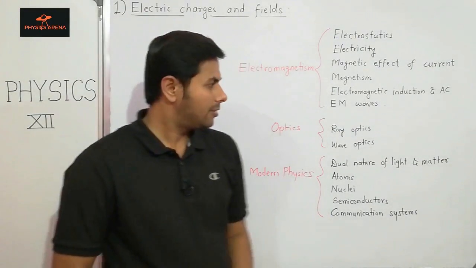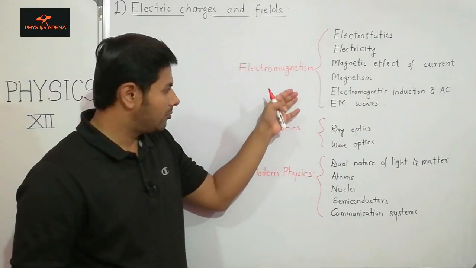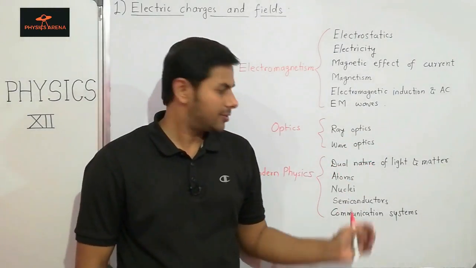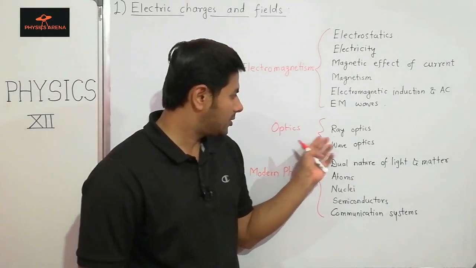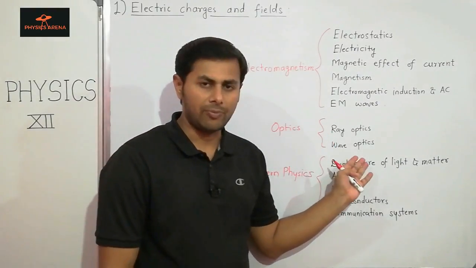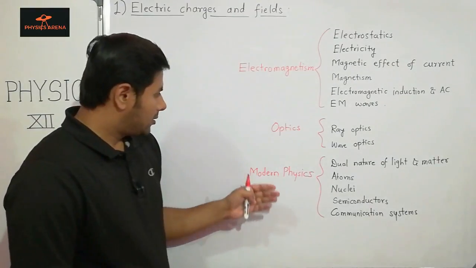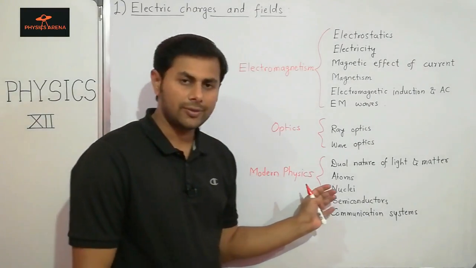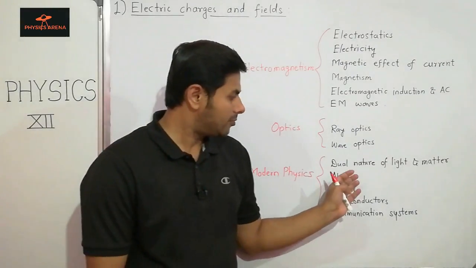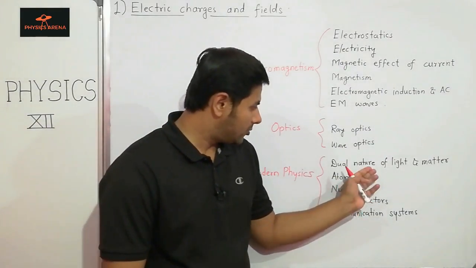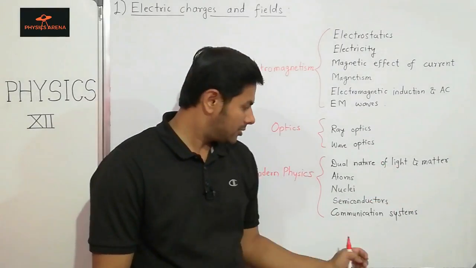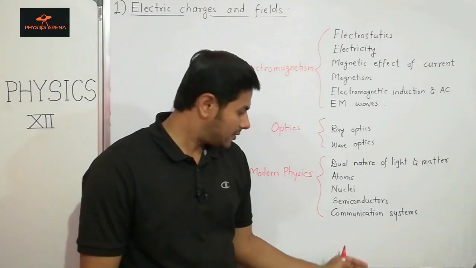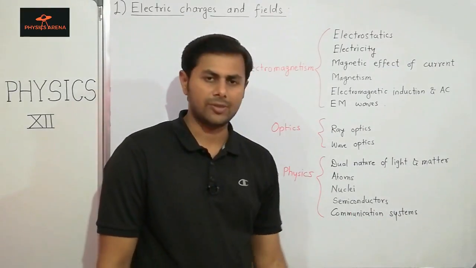After we study electromagnetism, we will move on to the study of optics, that is study of light. So in optics, we will study ray optics and wave optics. After we are done with optics, we'll move on to the modern physics, and in modern physics we'll study dual nature of light and matter, atoms, nuclei, semiconductors and communication systems.